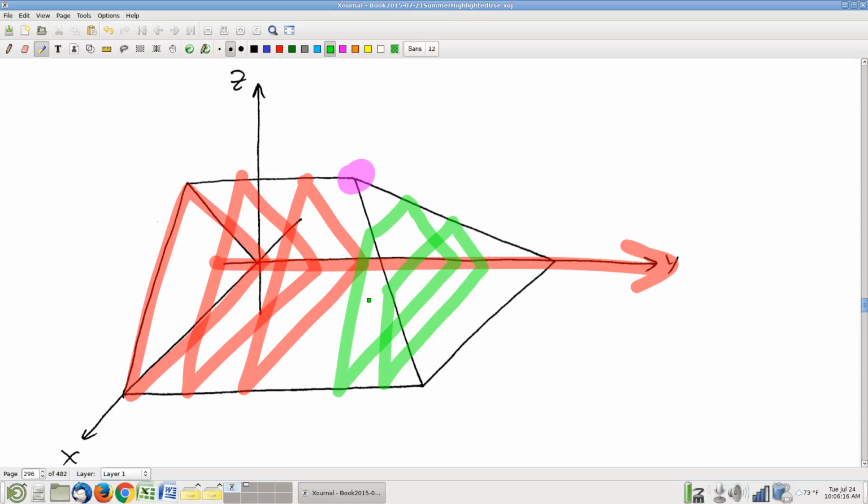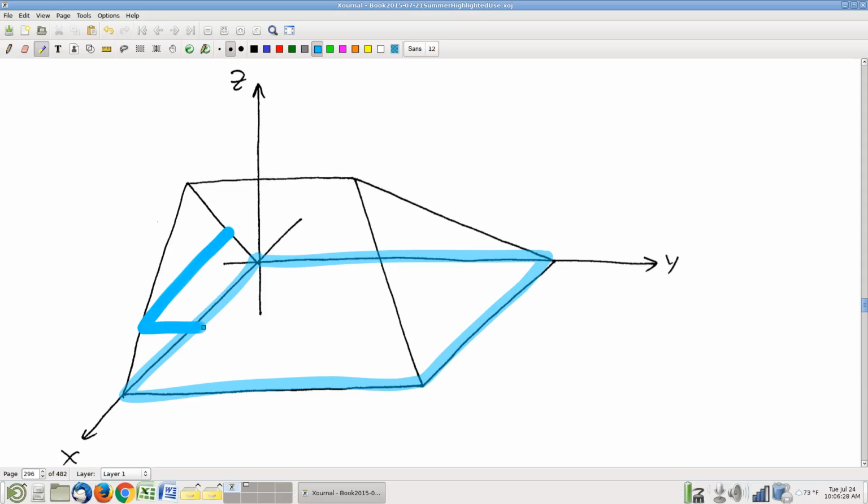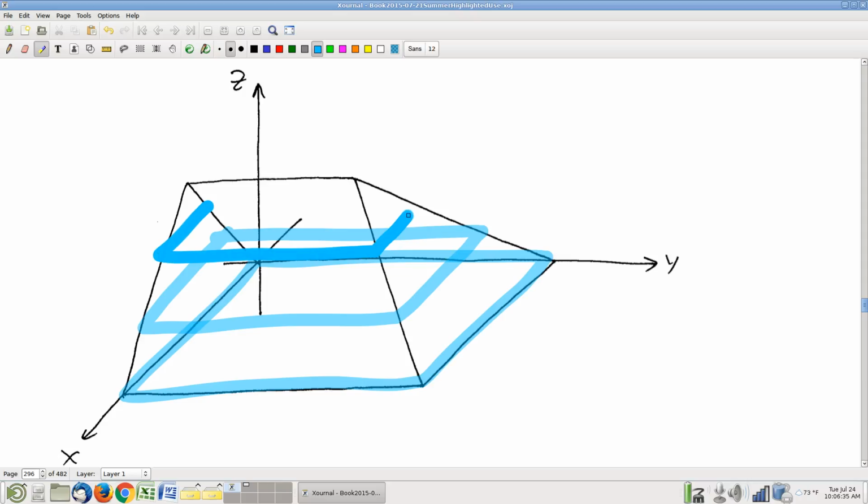Everybody sold on that? Okay, so we're 0 for 2 on attempts. Now let's take a third attempt. Let's try perpendicular to the z-axis first. Z slices look like that. And then that. And then that, and then the last one is up there, and we're done.